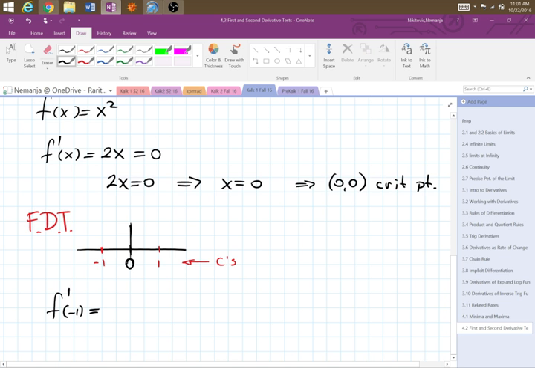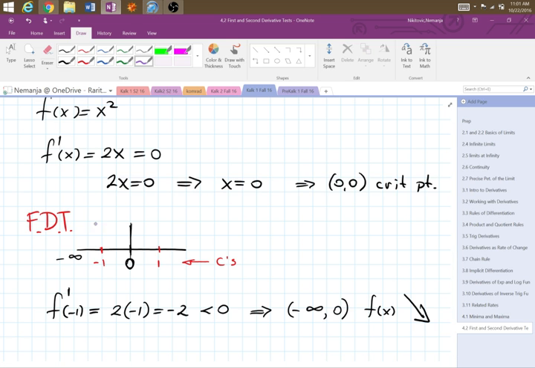So that's 2 times -1, which is -2, which is less than 0, which implies that on the interval -∞ to 0, the function is decreasing. So what I'm going to do is put this arrow of decrease in the region where the -1 test point was.